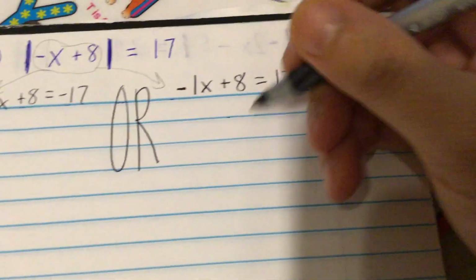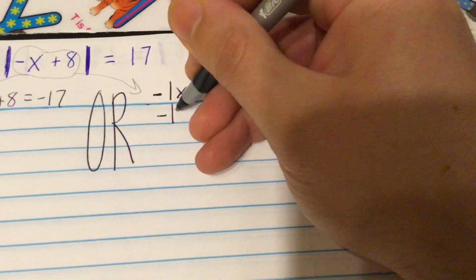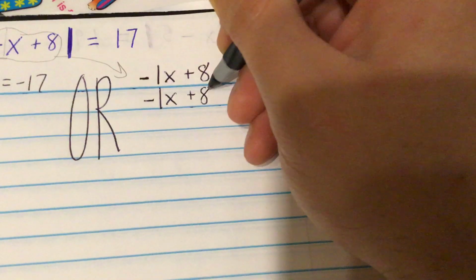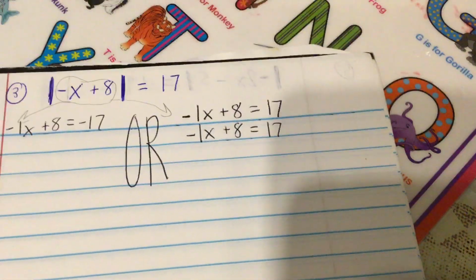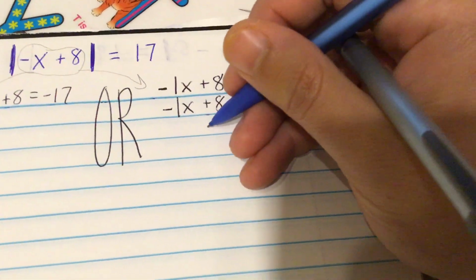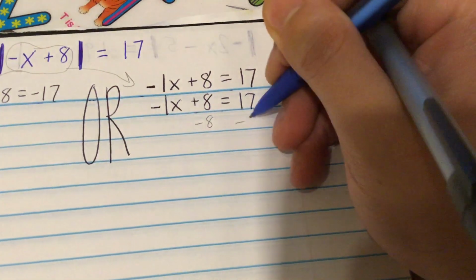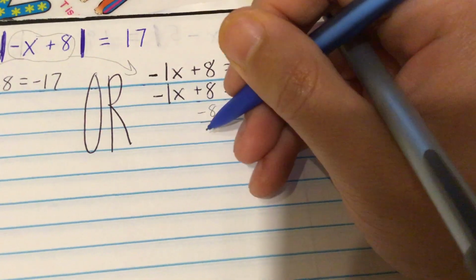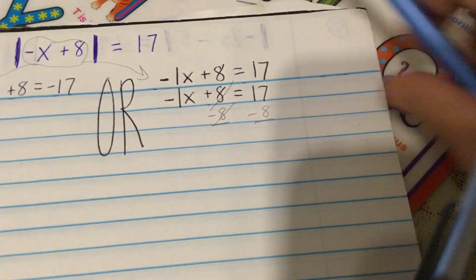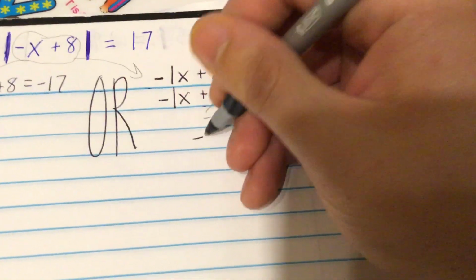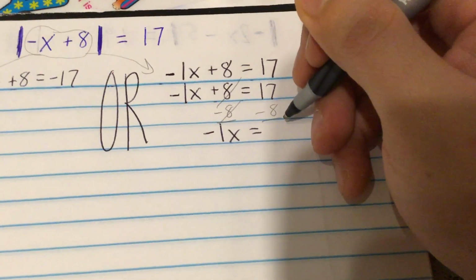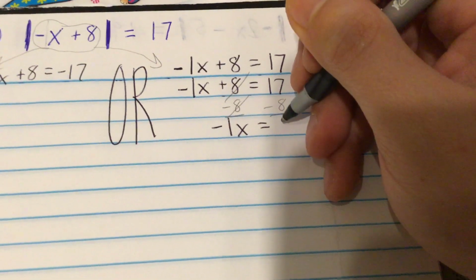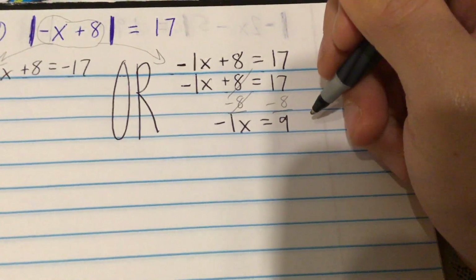So let's solve for the right side since I'm a positive person. -1x plus 8 is equal to +17. So I'm going to subtract 8 from both sides. That cancels out the 8's, leaving me with -1x is equal to 17 minus 8. 17 minus 8 is going to give me +9.